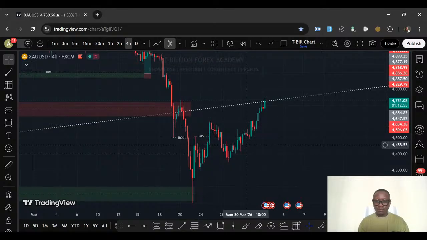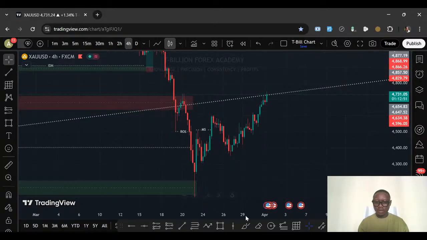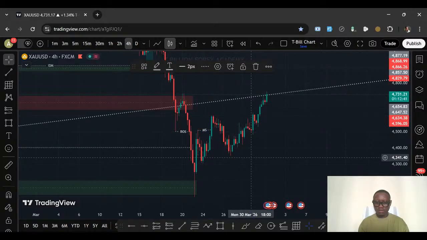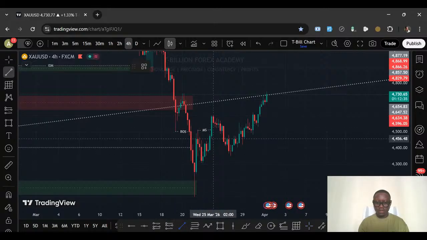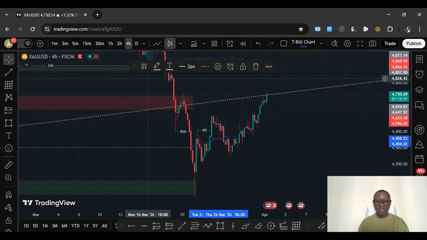Now we have this break of structure. So this is our inducement, and price has tapped into, let's see. This is our inducement. This is our inducement.